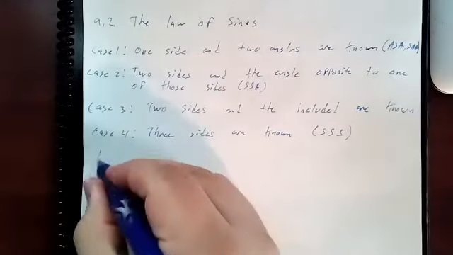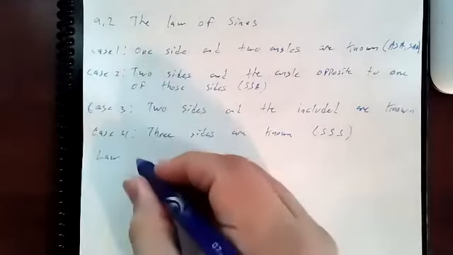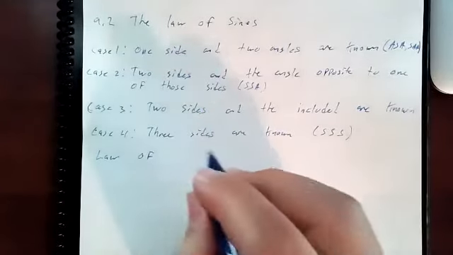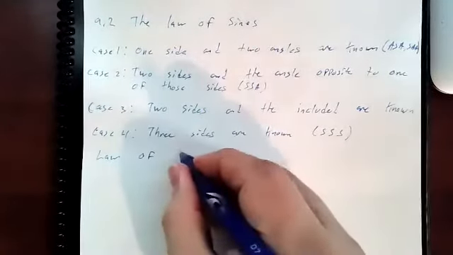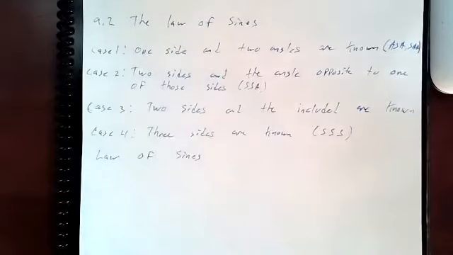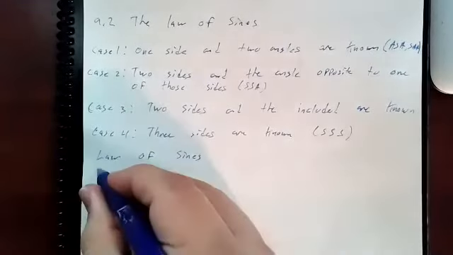So let me give you the law of sines and the way I'm going to be writing the triangles. One moment. Well, hold on. Let me write this first, and then we'll take a break.